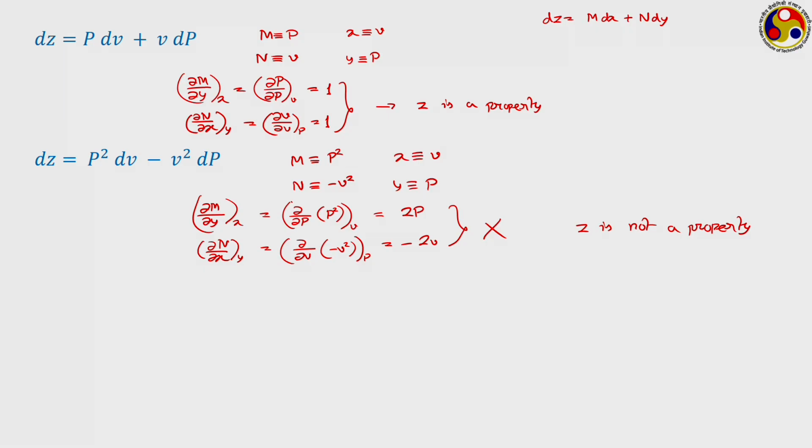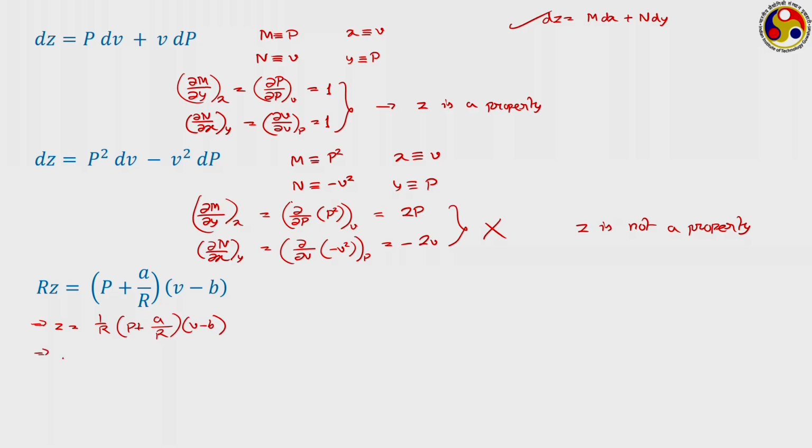A third example, here actually the differential form is not given, rather z as a function of p and v is given. So, first we have to convert this one into the differential form, into a form like this. So, we write this as 1 upon R into p plus a upon R into v minus b.